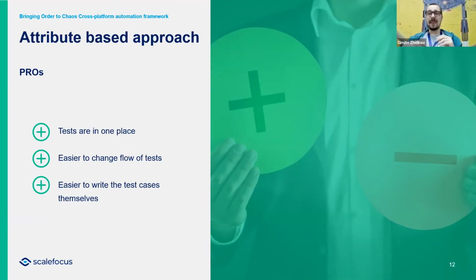Now, because all the tests are for all the platforms, it's easier to change the flow of tests. If we have them on different platforms, we would have to change each test separately. However, here it's easy. We have one test. You don't need to search through other tests.